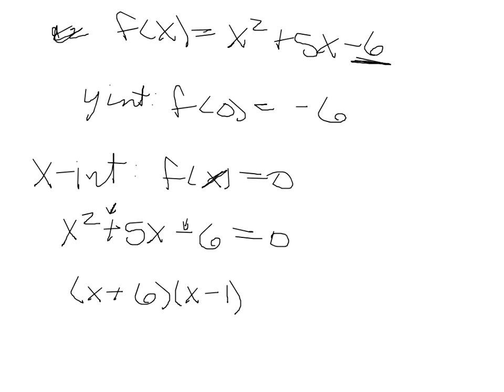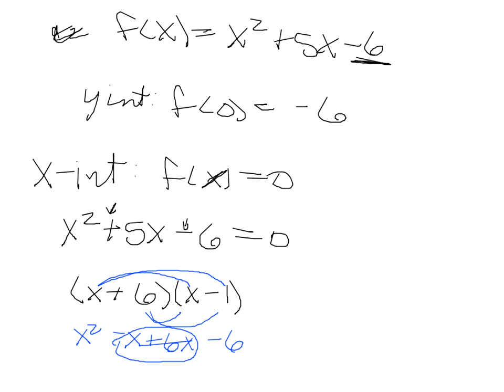So I'm going to check that. X times x is x squared. X times minus 1 is minus x. 6 times x, and then 6 times minus 1 is minus 6. So that's going to combine to give me plus 5x, and that would be it. Okay, so this is the correct factorization.